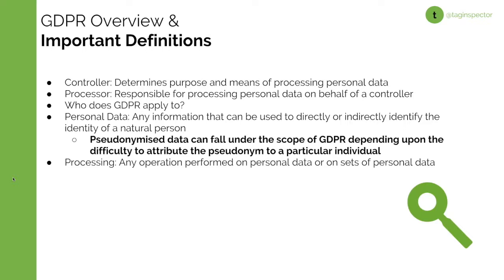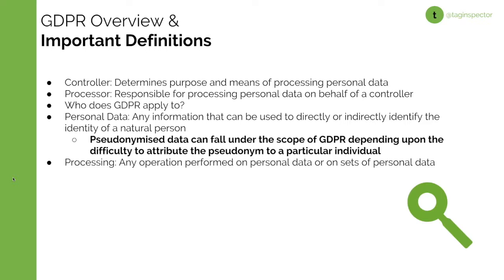This is where agencies can come into play if they're doing processing. Processing is basically any access of personal data. So even if you're just downloading a report that has a data point that would fall under that definition of personal data, that would be processing. As well, if you're a third-party vendor or have technology that is collecting that information on behalf of a controller, you would fall into that processor definition.